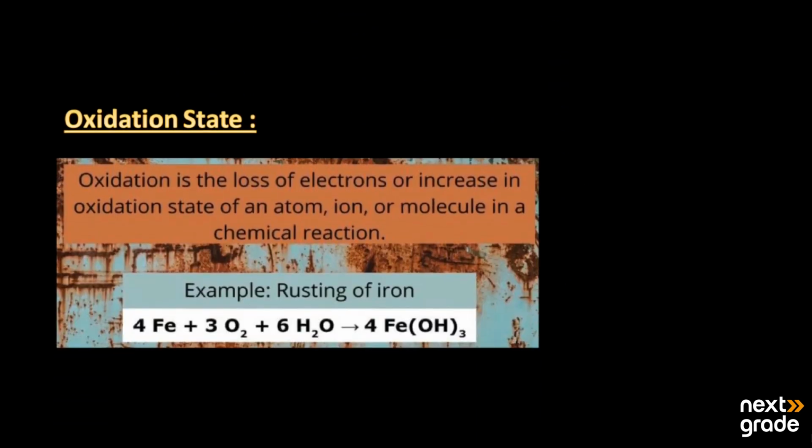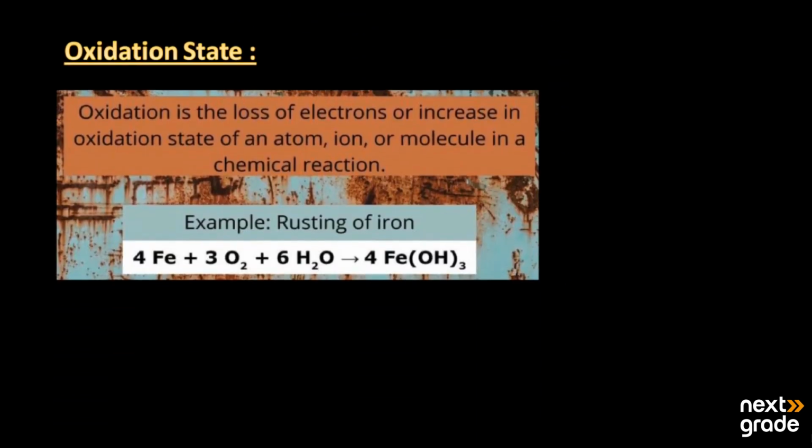Basically, this is known as the oxidation state. In oxidation we have the loss of electrons, or an increase in the oxidation state of an atom, ion, or molecule in a chemical reaction.